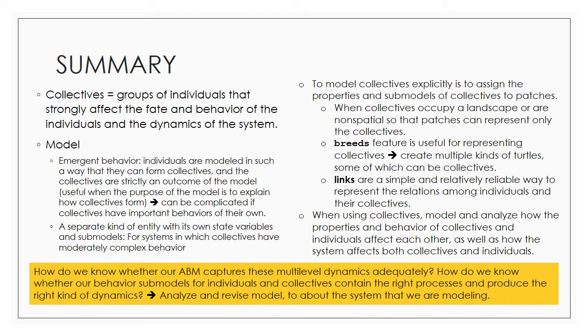This explicit modeling requires assigning the properties and submodels of collectives to either non-spatial patches or to the breeds feature, or by using directed or undirected links. For this purpose, namely to model and analyze how the properties and behavior of collectives and individuals affect each other, as well as how the system affects both collectives and individuals, we need to build submodels for individuals and for collectives.